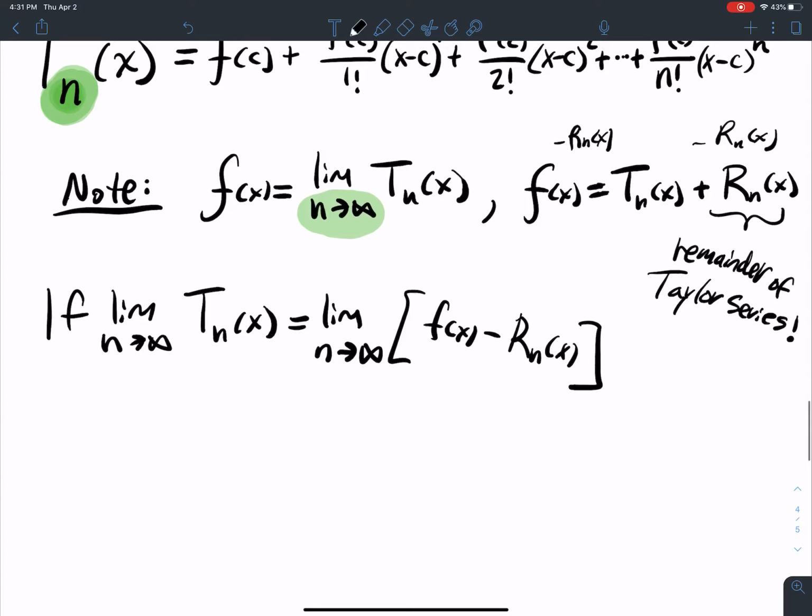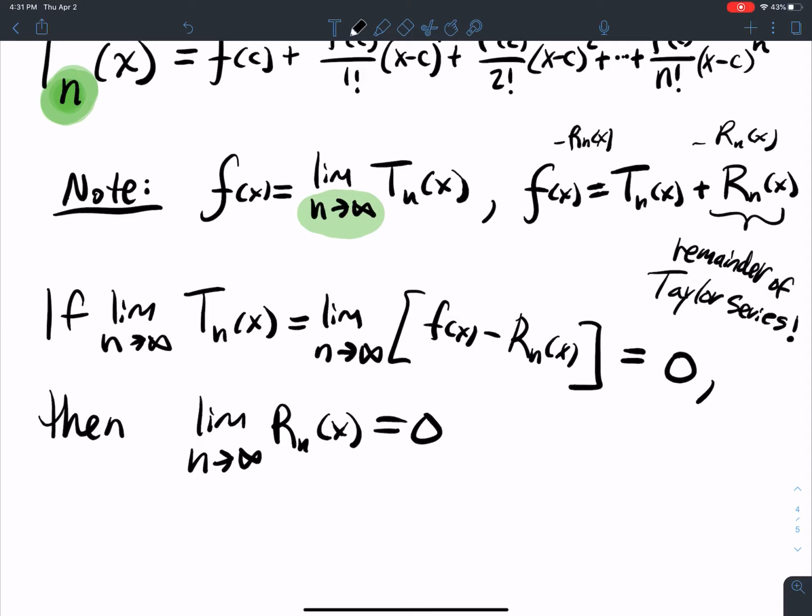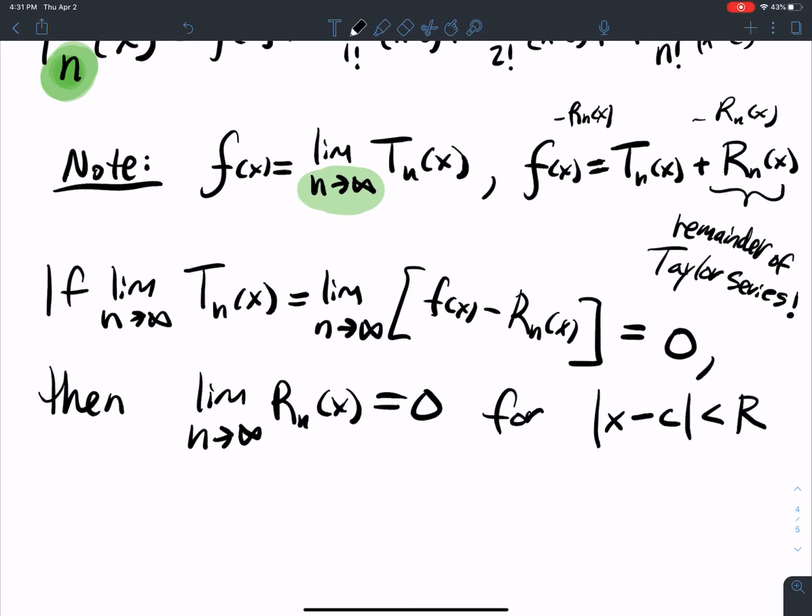If this limit is equal to 0, then what does that tell me? Then the limit as n goes to infinity of Rn of x has to equal 0 for the distance between x and c, absolute value of x minus c, to be less than r, the radius of convergence.